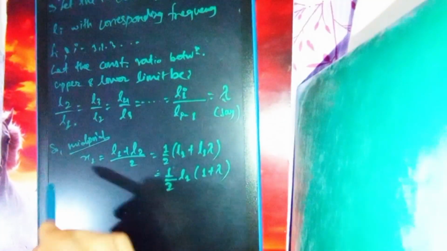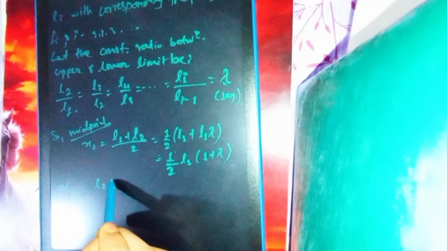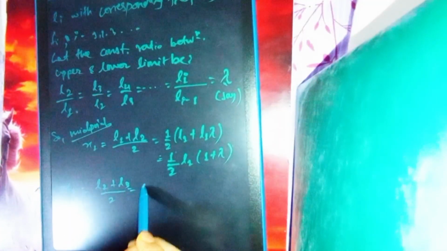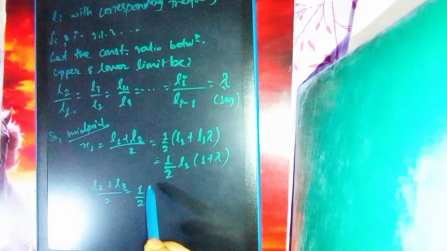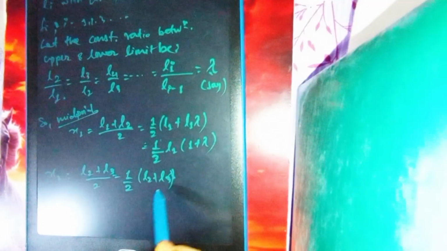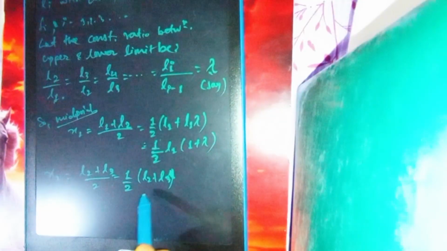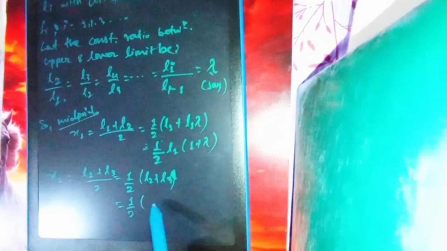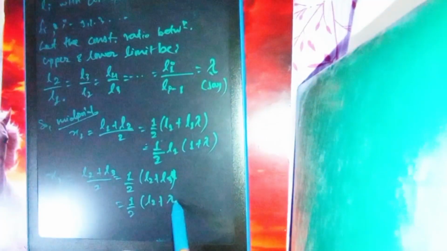Now x2 will be equal to L2 plus L3 by 2, and that will be equal to 1 by 2 L2 plus L3. What is L3? L3 means L2 times lambda, so lambda L2.